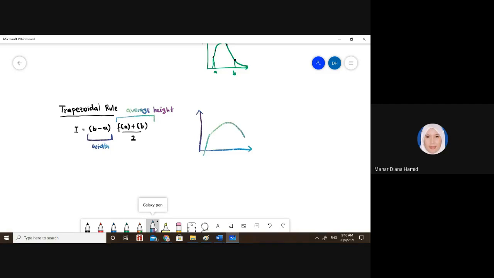if we have something like this, this is a function. In order for us to use trapezoidal rule to integrate this function from A to B, we are going to assume that there is a trapezoid inside of that particular function.